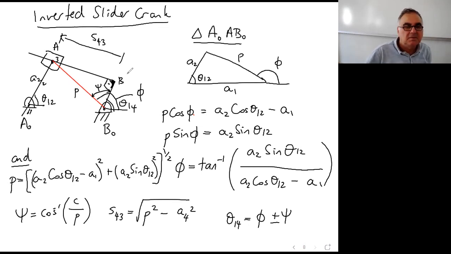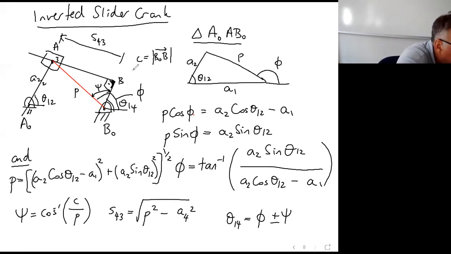It's a fixed angle and a right angle. That's why we can easily write this cosine inverse C over P. The C is, by the way, this B0B distance. This example, again, I have taken from your book. Yes, the right angle is given.